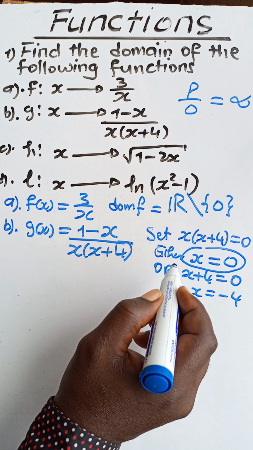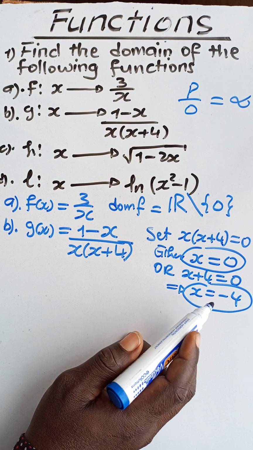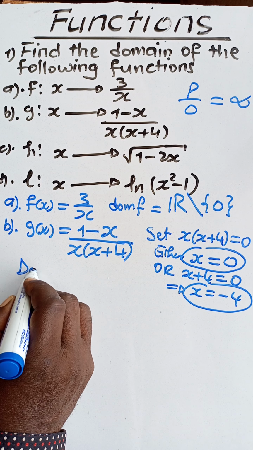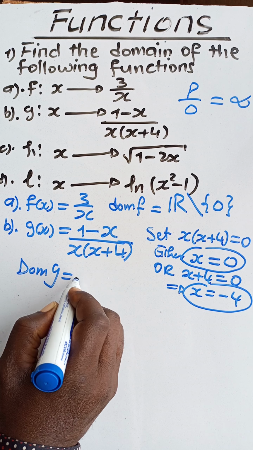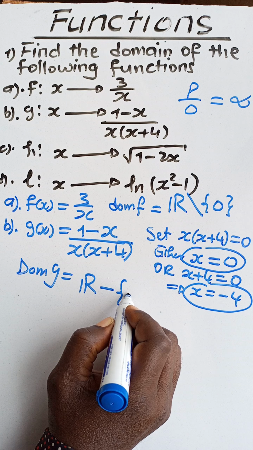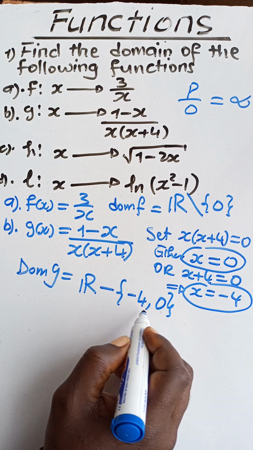So the two values of x that we really have to avoid will be negative 4 and 0. Consequently, the domain of this function will be any real number except the two values negative 4 and 0.